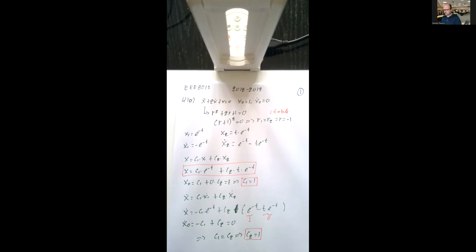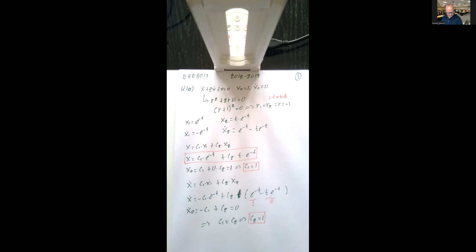And hence I found my second constant C2. This means that x is going to be, just come here and place C1 and C2 as 1. So it is going to be e to the minus t plus t e to the minus t.